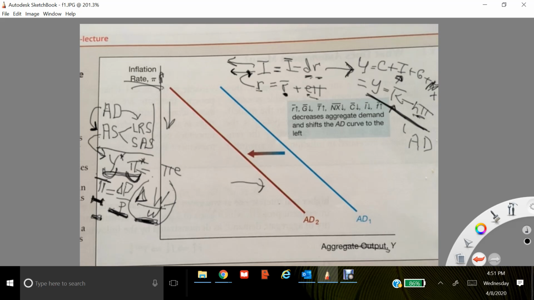That's pretty easy to remember. And in fact, on page 517, they have this little schematic here. When inflation goes up, the real rate of interest goes up.